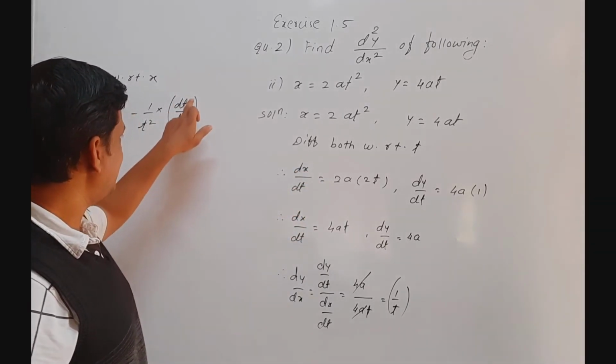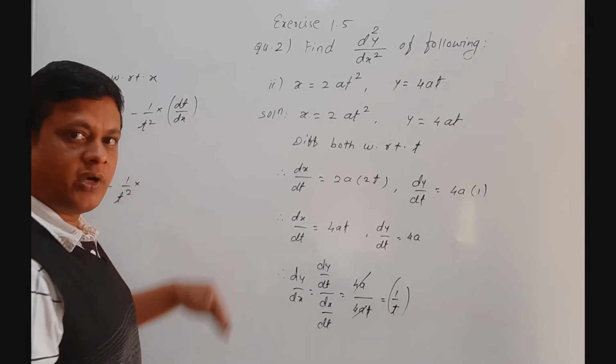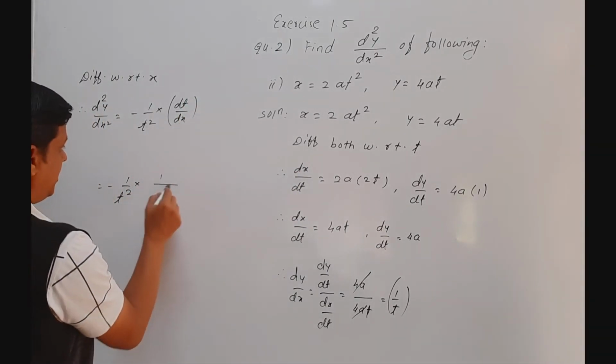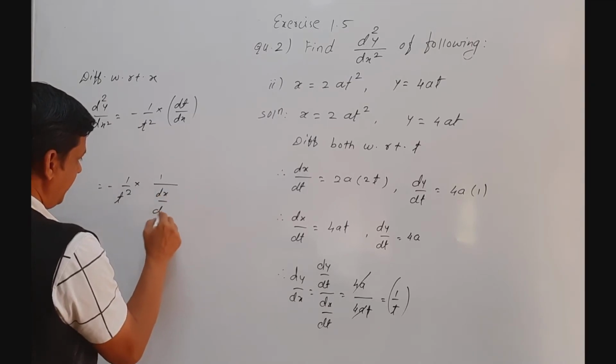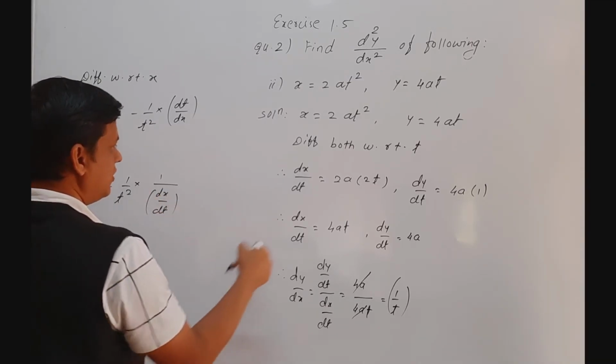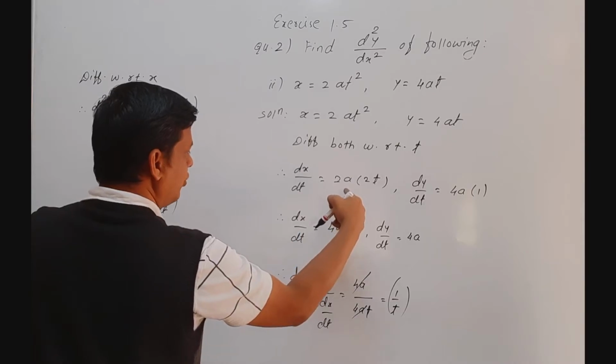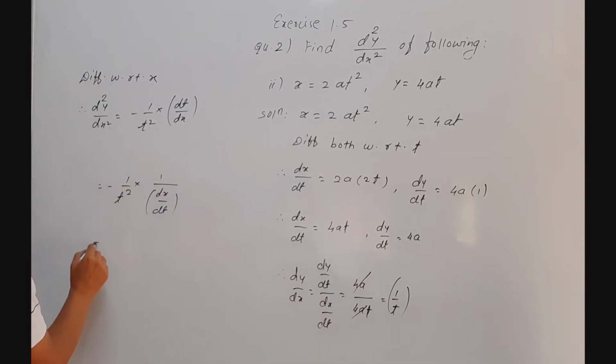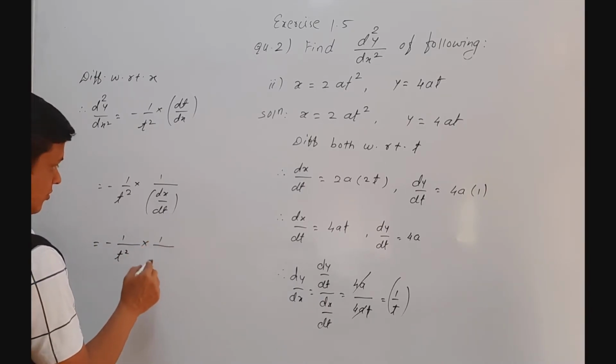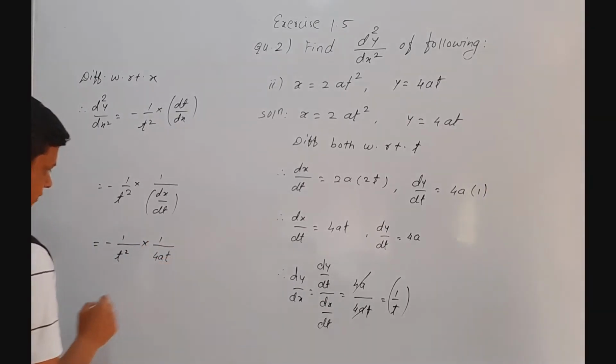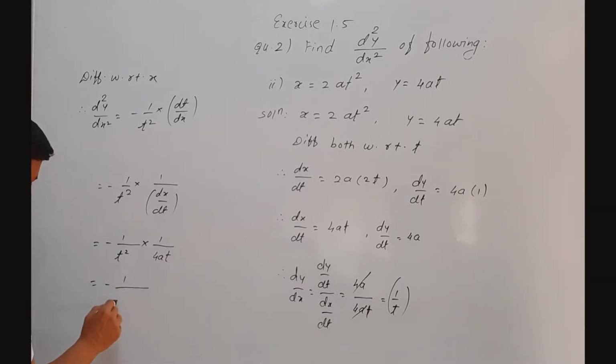So you can write this dt by dx as 1 upon dx by dt, and we have the value of dx by dt as 4at. So write here minus 1 upon t square into 1 upon 4at. So write minus 1 upon 4a t square into t as t cube as the second order derivative.